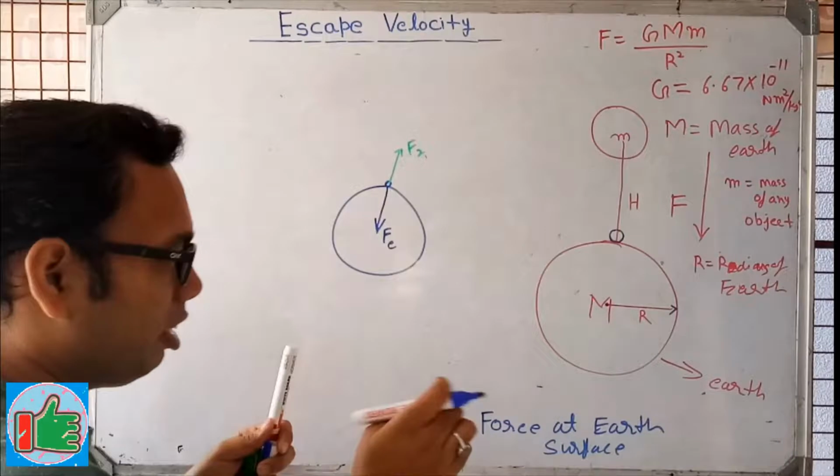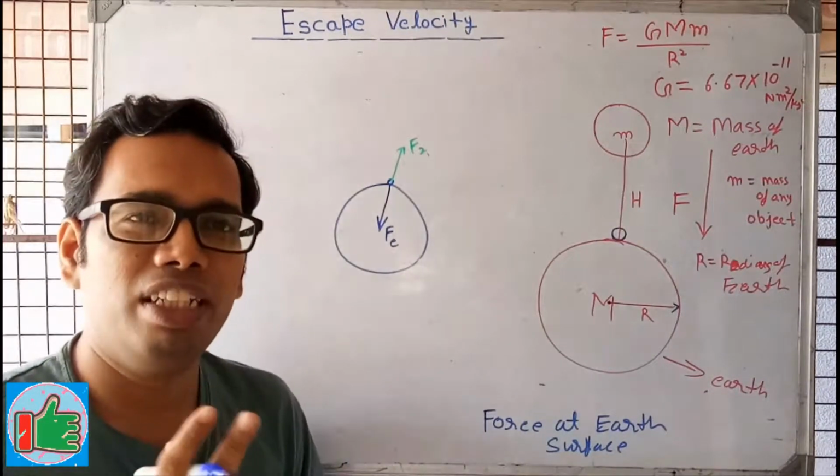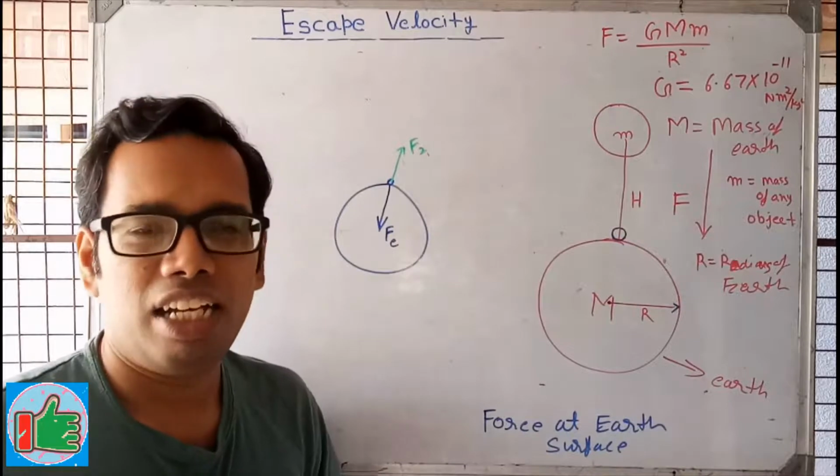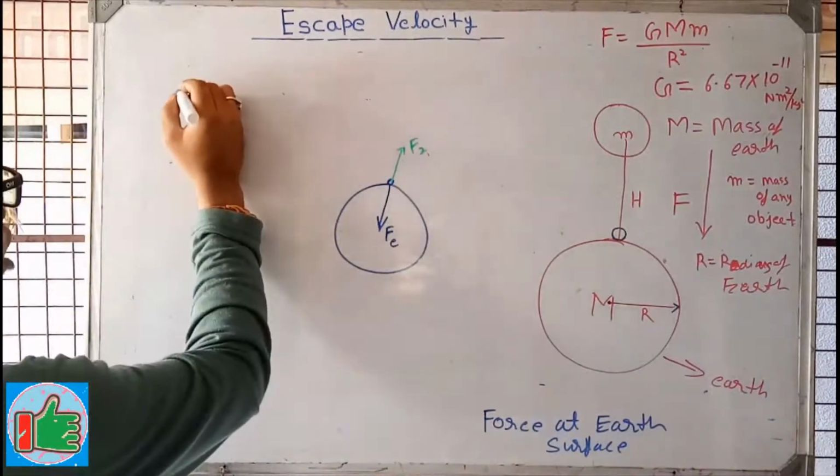Okay, so when both forces of attraction become equal, this will become a free object. In this situation, there are two energies: one is called kinetic energy and the other is called potential energy.